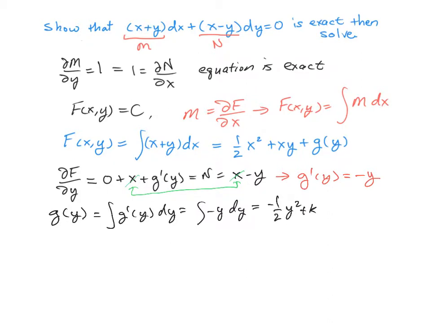So now our F of x, y already has the term 1/2 x squared plus x times y, now plus this negative 1/2 y squared plus k. And that is equal to some level c. The next thing we want to do is multiply this whole equation by 2 to simplify it down. So we multiply the whole equation by 2.